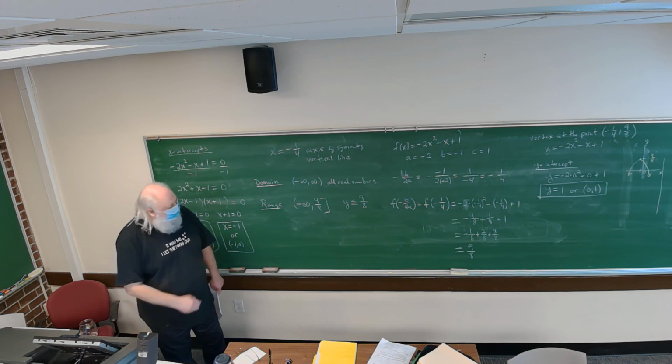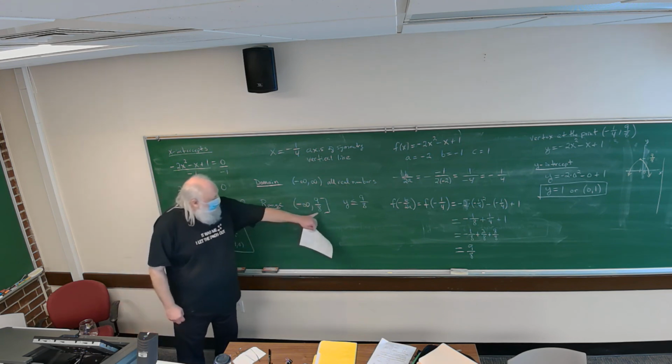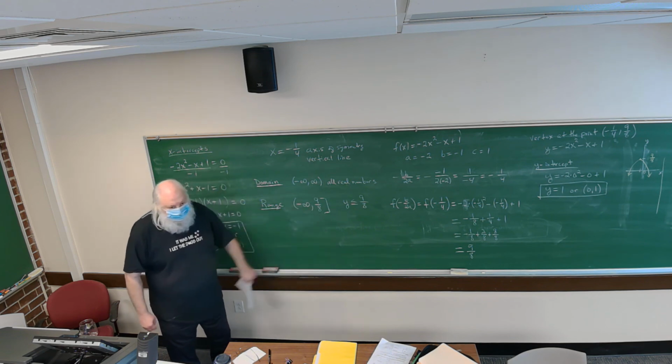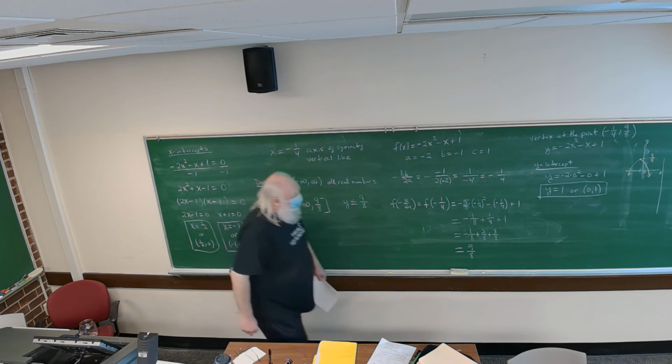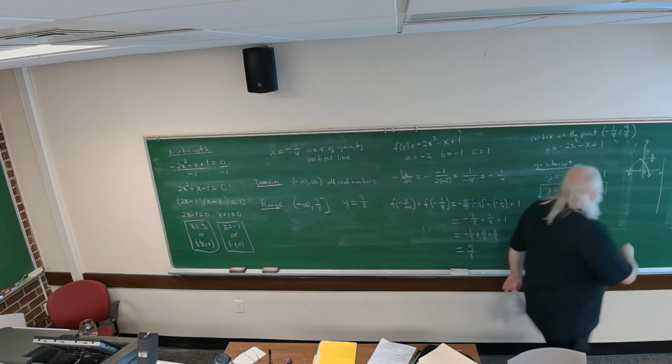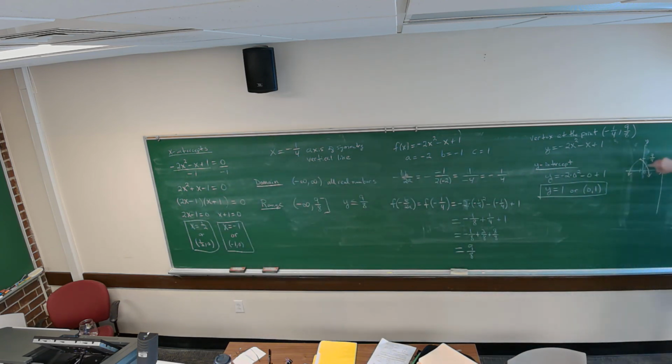So the y coordinate of the vertex tells you what the range is. Now, if this parabola opened up instead of opening down, then the range would be from 9/8 to infinity.